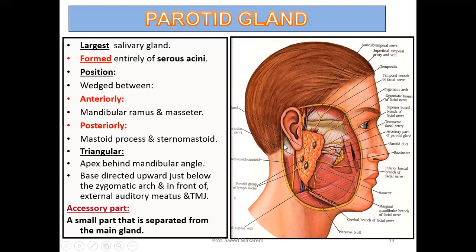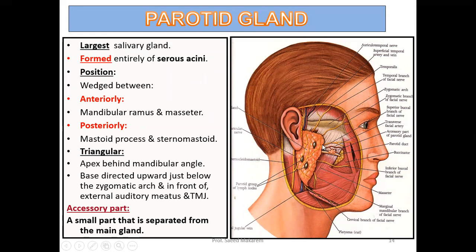Okay, so deep inside is the bony process called the mastoid process, and in front is the sternocleidomastoid muscle. Okay, so both are behind, posterior. These are the posterior relations, and here we have the ramus as well as the masseter muscle. Masseter muscle is said to be one of the strongest muscles in the body because it helps in chewing and breaking the bones. Okay, so this is the masseter muscle.